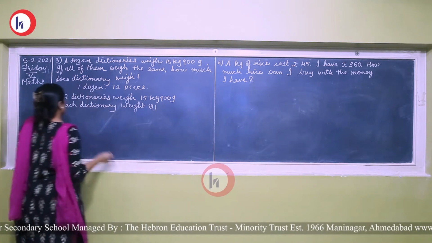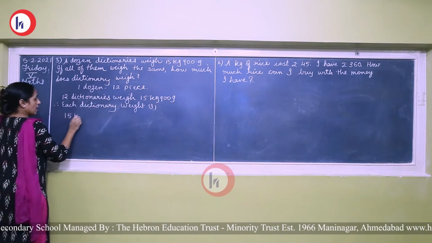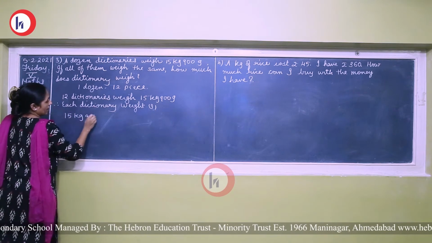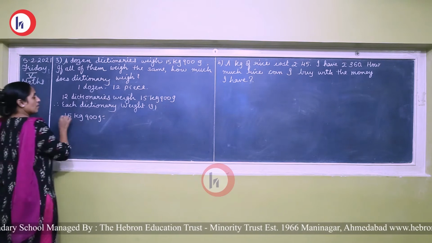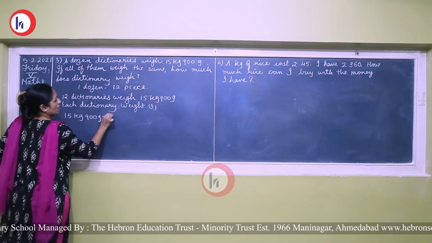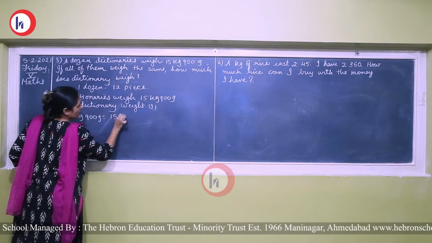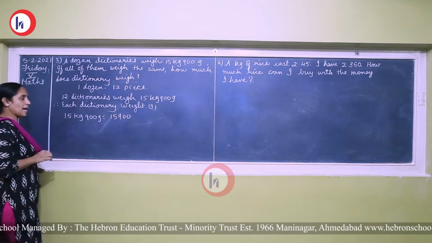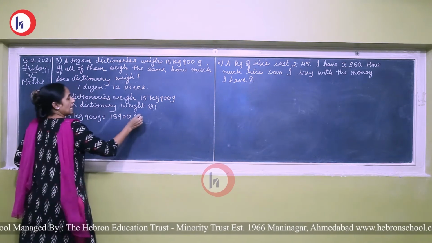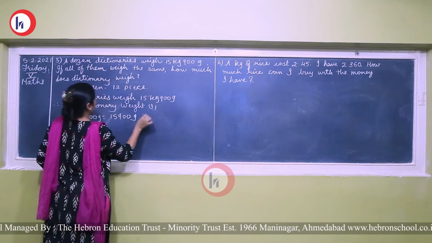Question. First of all, 15 kilogram 900 gram, first we will convert into gram. That means 15,900 gram, and divide by 12.